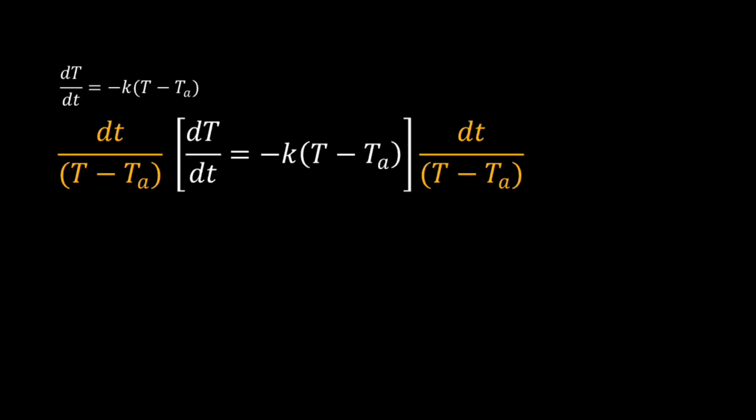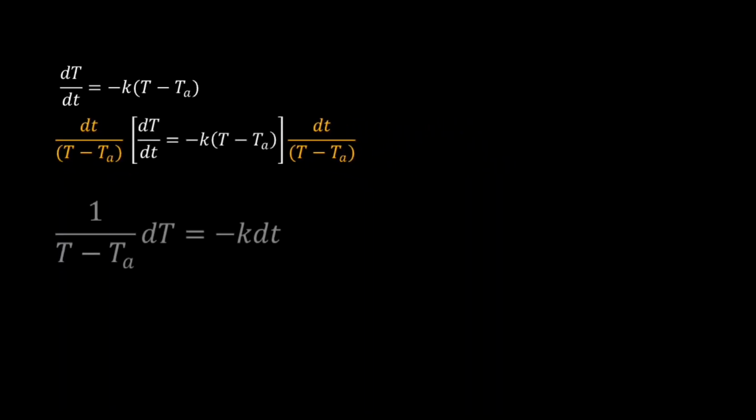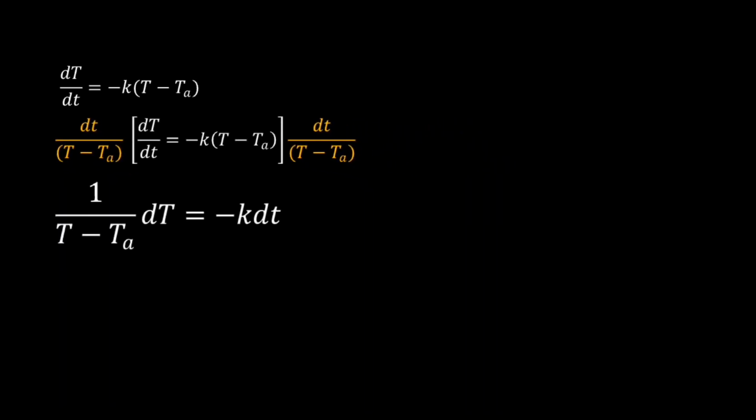If we do that, we are going to have 1 over T minus T sub a, and multiply both sides by the time differential. So I'm going to have 1 over T minus T sub a times our temperature differential dT is going to be equal to negative k times our time differential.